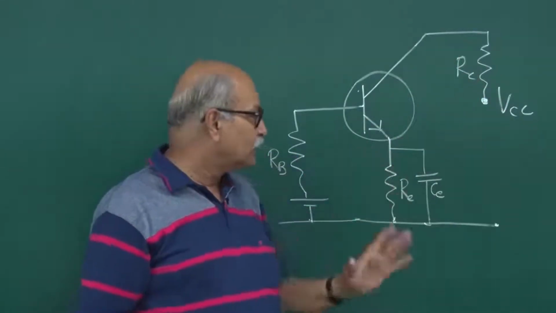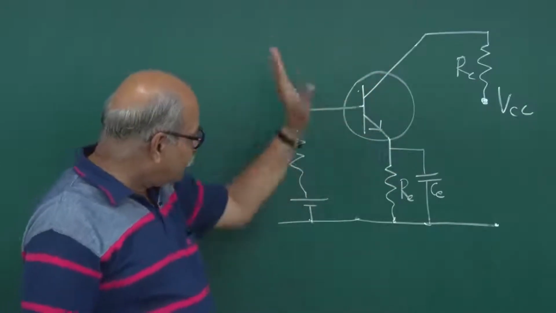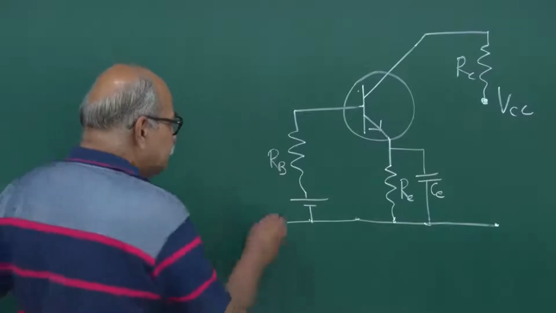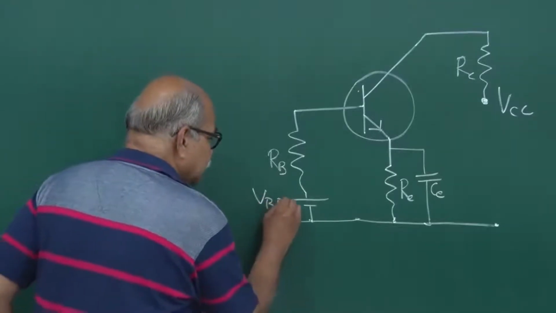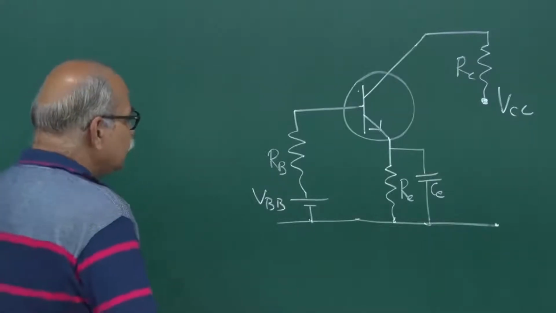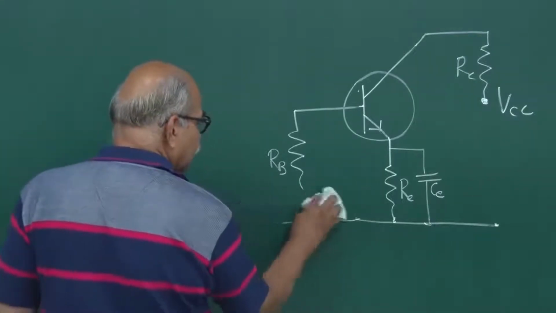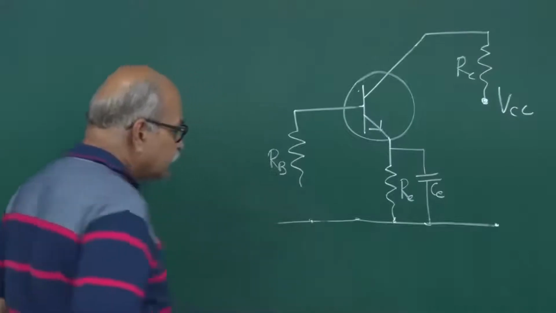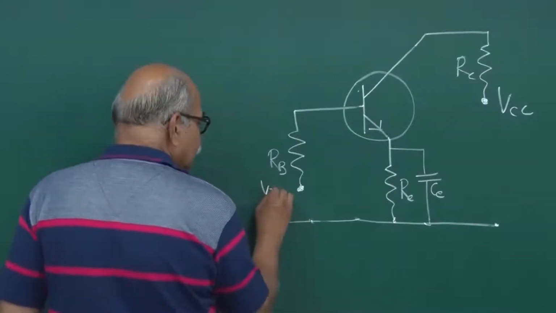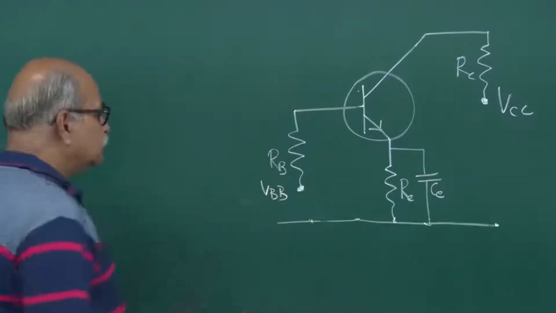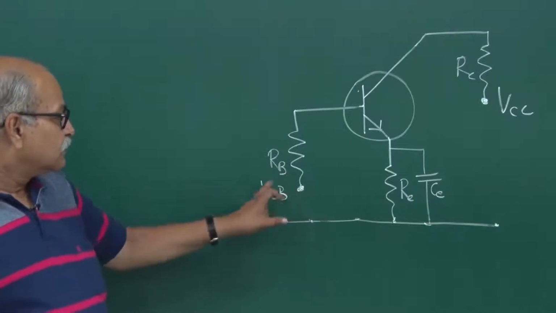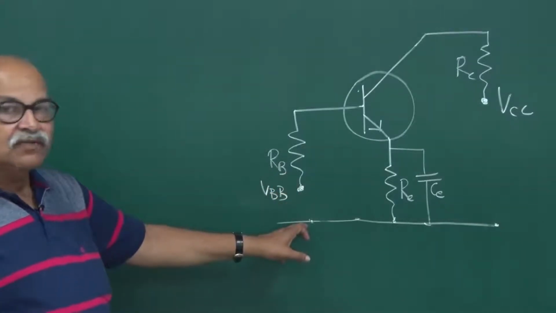So that's one thing. This is how you can do many things. For example, this RB here, this is VBB base. So instead of writing in this fashion, you can just remove it, and just write that this is VBB. So that means we know that there is some battery connected here and it is maintained at this potential with respect to this ground.